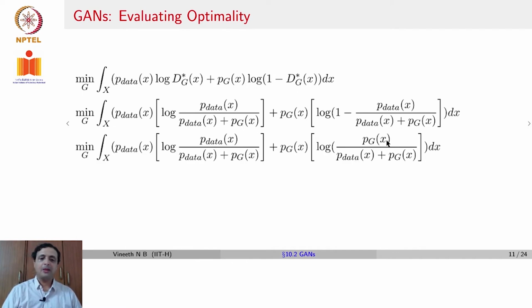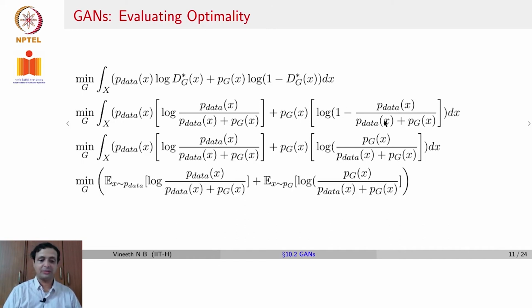Now from here we can see that the second term, 1 minus p data of x by p data of x plus p g of x, can be rewritten as p g of x by p data of x plus p g of x. This is a simple arithmetic operation on top of the earlier expression. And now we are going to get back this expression in terms of expectations.